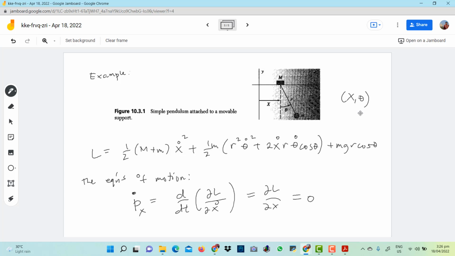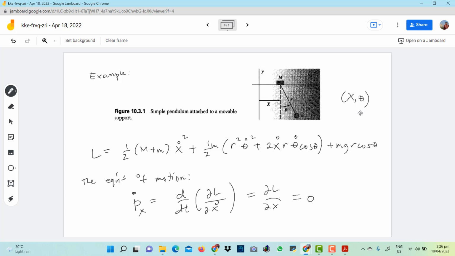Okay? So again, your momentum, the force, this is a force, right? P dot x is equal to 0.